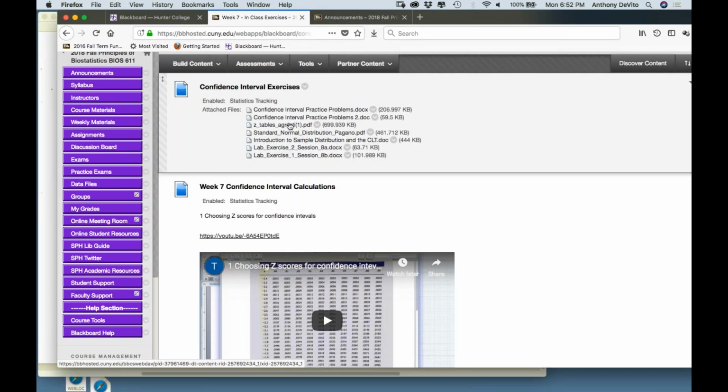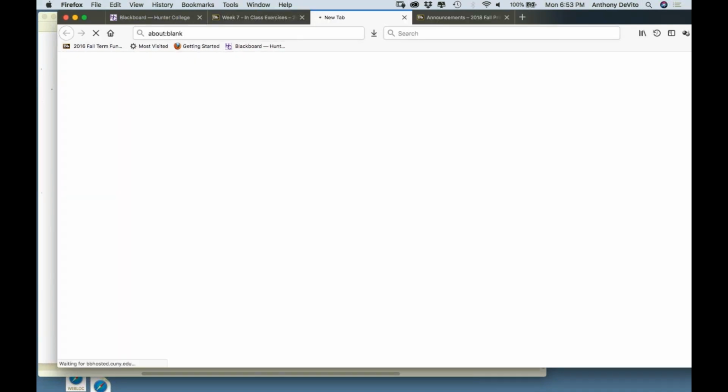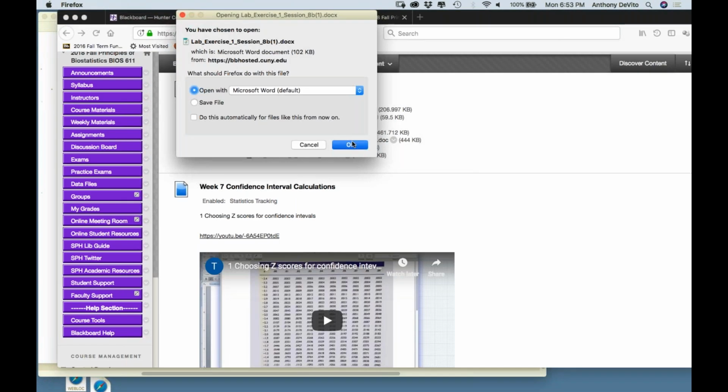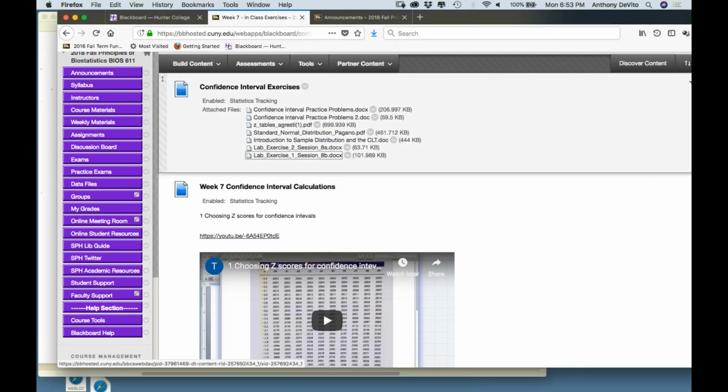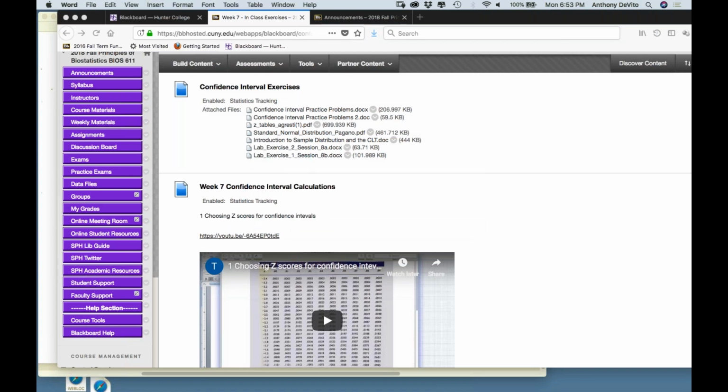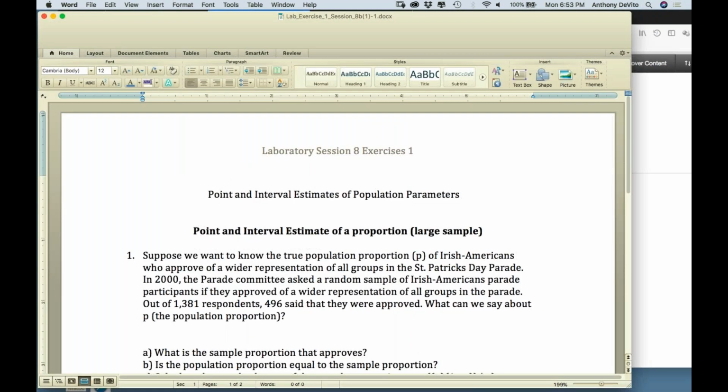Okay, let's see which one I want here. Keep this one. What I'm interested in, that's probably going to be proportions. Oh, that's a proportion.